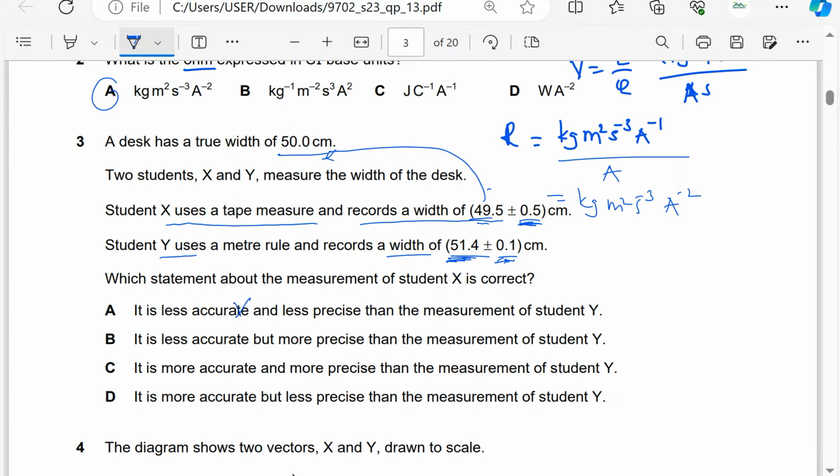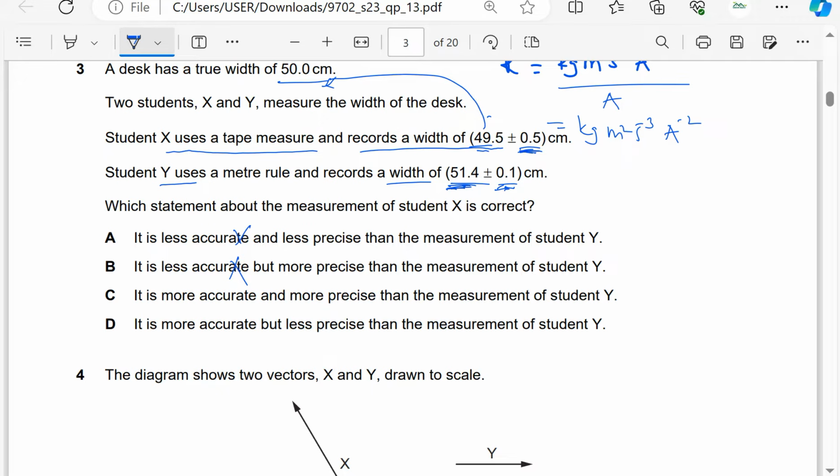X is more accurate compared to Y. It is more accurate and more precise. When we compare the uncertainties, it means Y is the one which is more precise. So the answer is going to be D. X is more accurate but less precise than the measurement of student Y because the instrument here has a smaller uncertainty, plus or minus 0.1, so it is more precise.